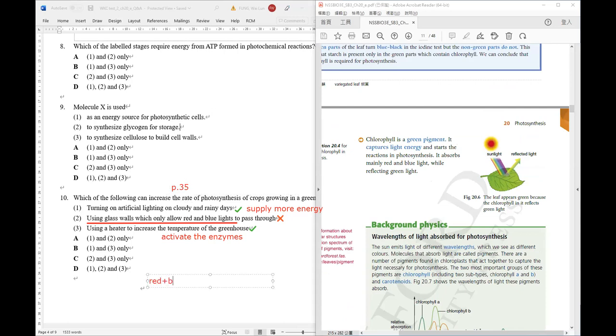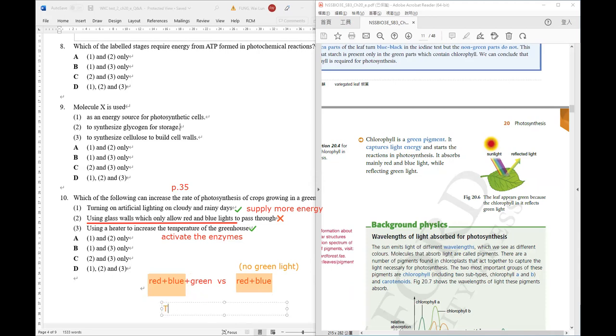Red plus blue plus green versus red plus blue. So anyway, the amount of energy that can be absorbed is red light plus blue light only. Red light plus blue light only. And on the right hand side, there is no green light.